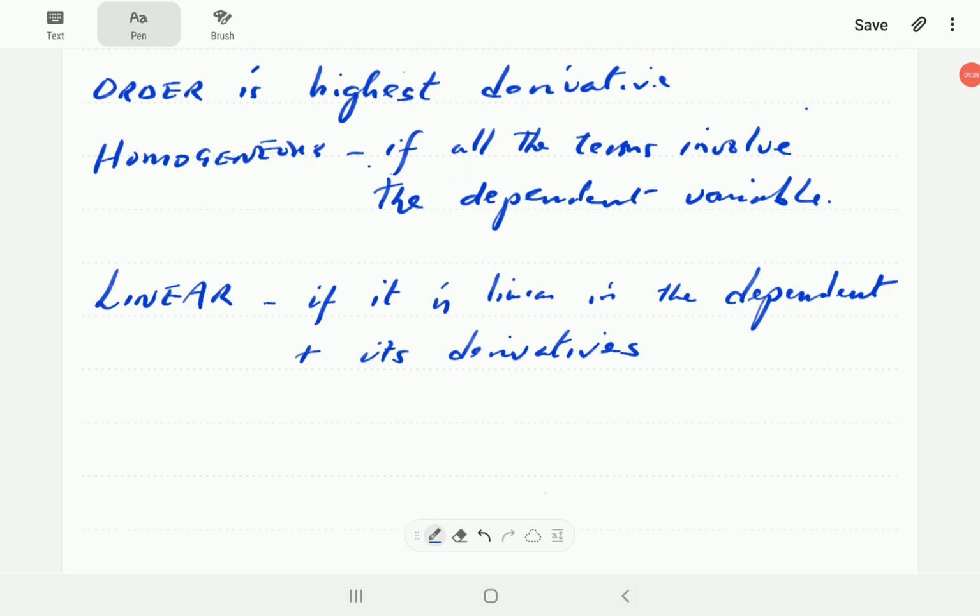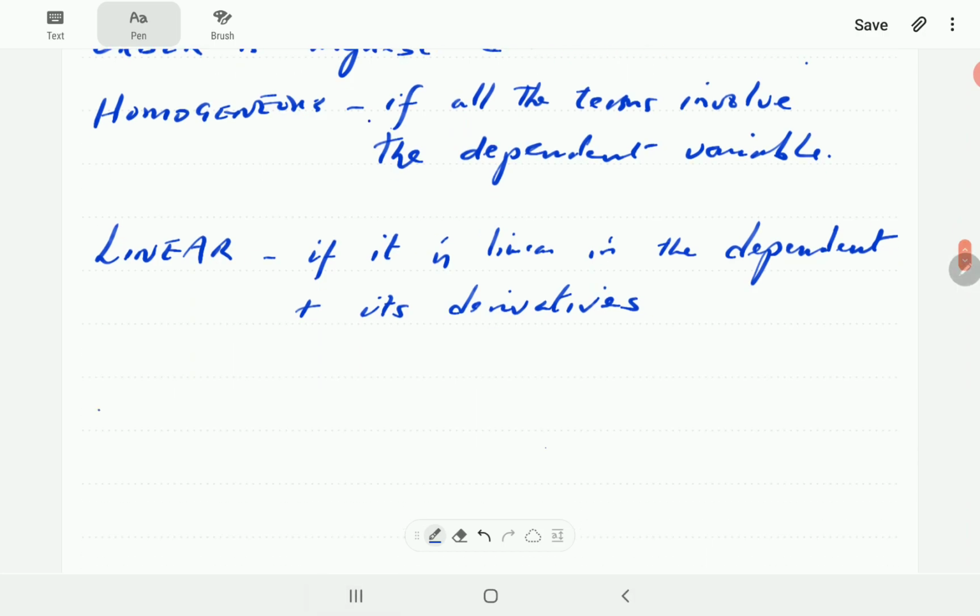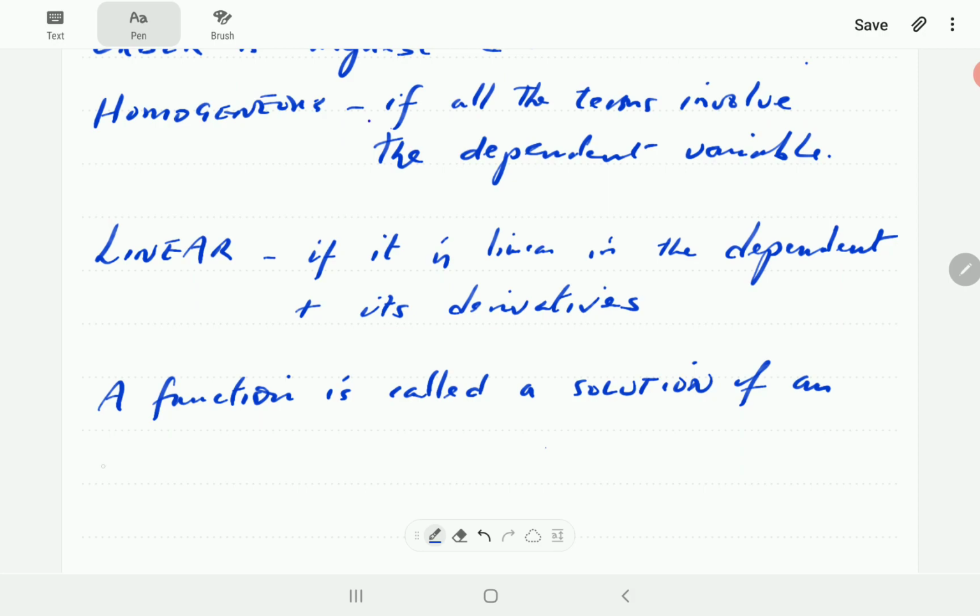The next thing we're going to look at is the definition of a solution. Okay, so a function is called a solution of an ODE if it satisfies the ODE in the given domain.